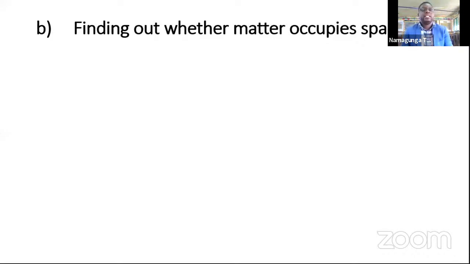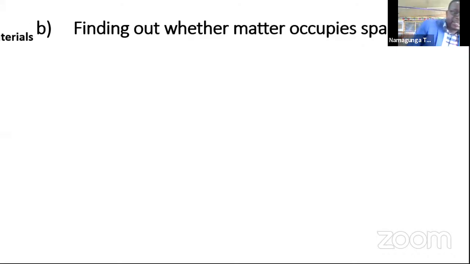That means the air which had occupied the bottle is escaping, and then the water is occupying. So when you see that, automatically it shows that air or matter occupies space.